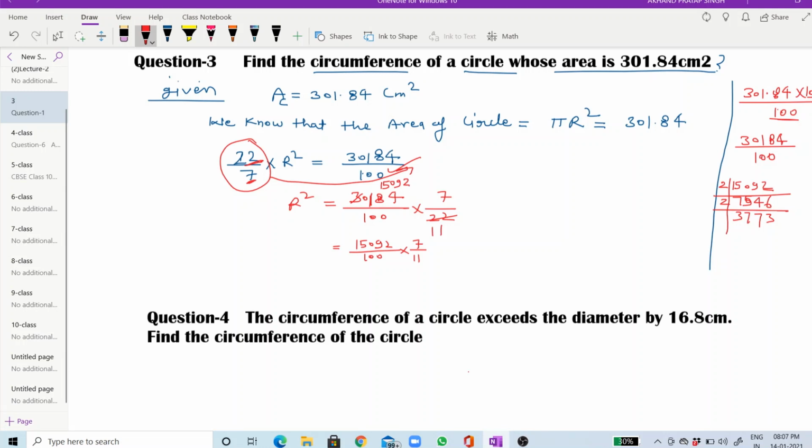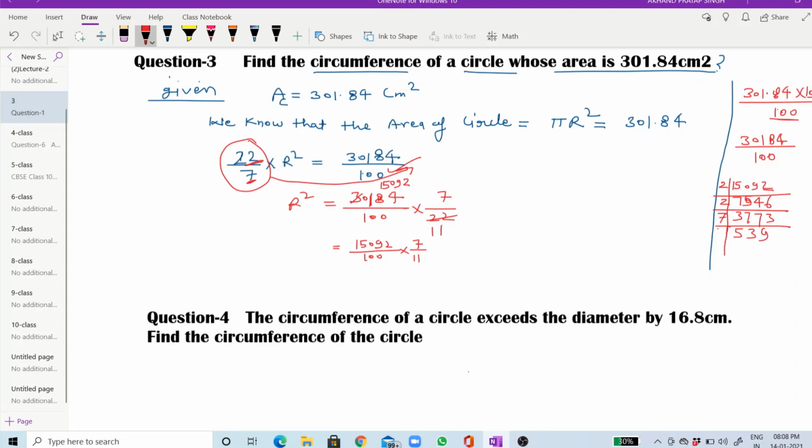Now it will go from 7. So 7 5s are 35, 2 is remaining, 27, and 7 3s are 21, and 27, so 6 is remaining, and 9s are 63.